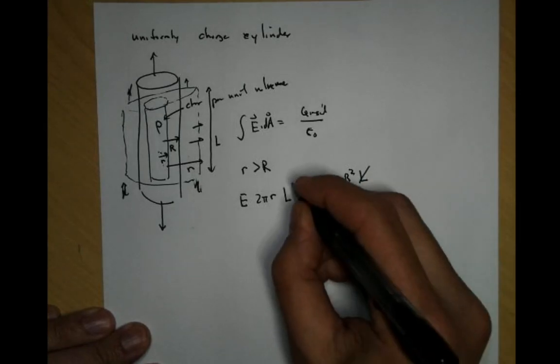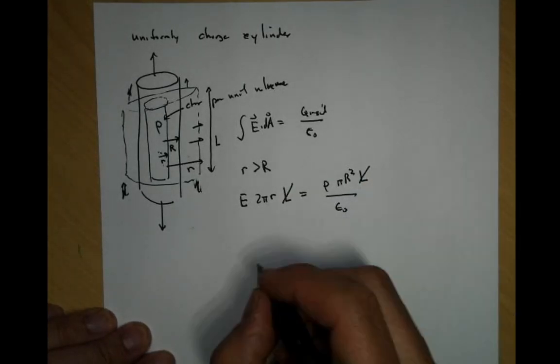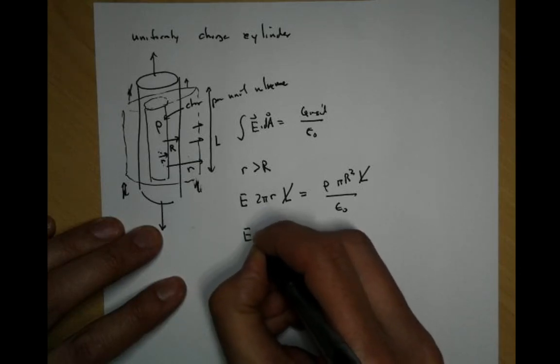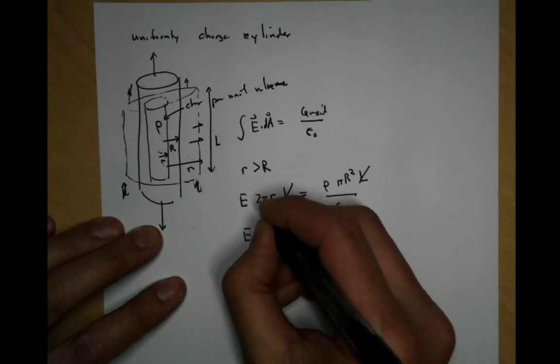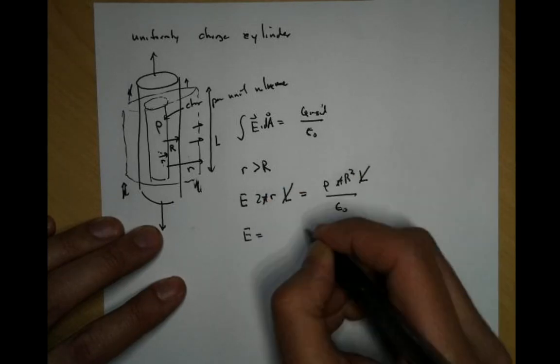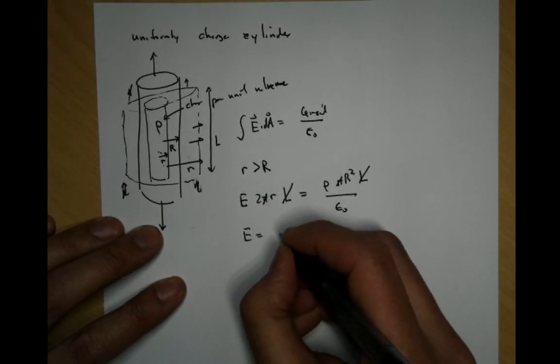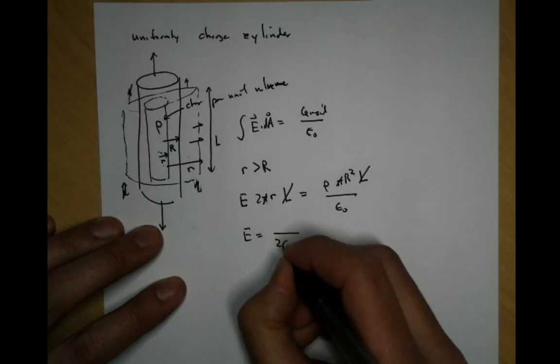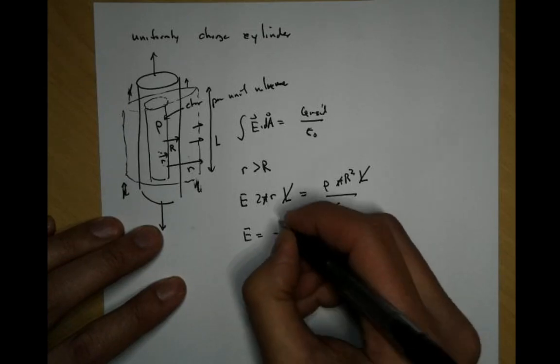And so these L's kill each other, and you end up getting something pretty simple now. E is equal to, let's kill the pi's as well, rho R squared over 2 epsilon naught r.